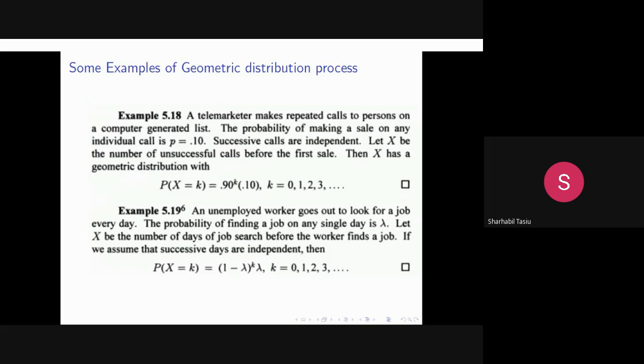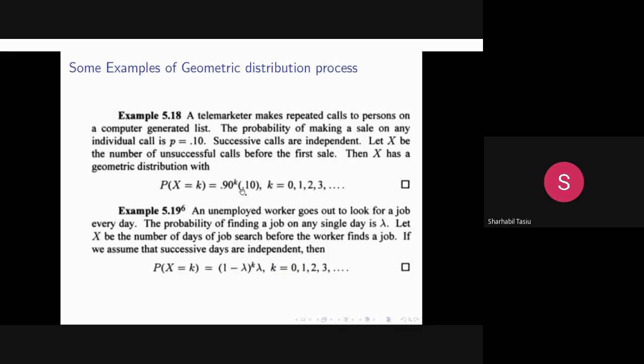If there's no call, it's not possible for him to make any sale. So the calls must start from 1 call. Maybe he makes a sale at the first call, or the second call, or the third call. So that's why they represented it like this in the textbook.